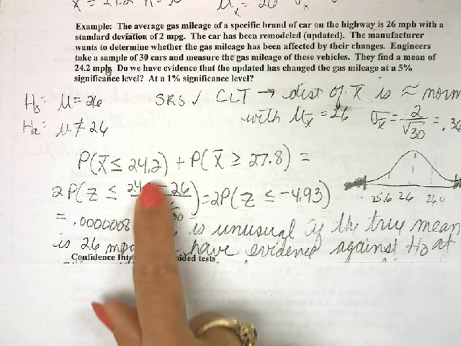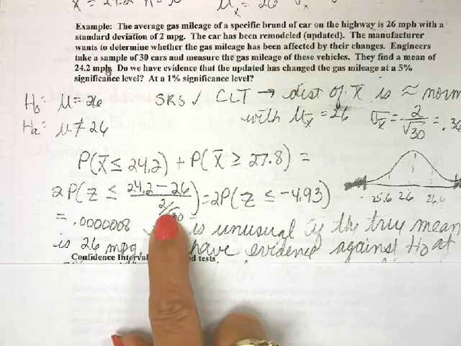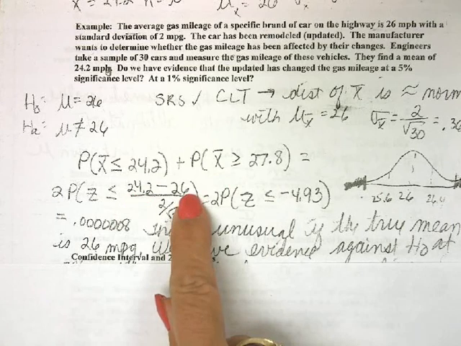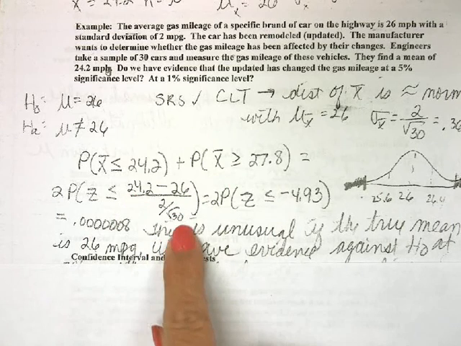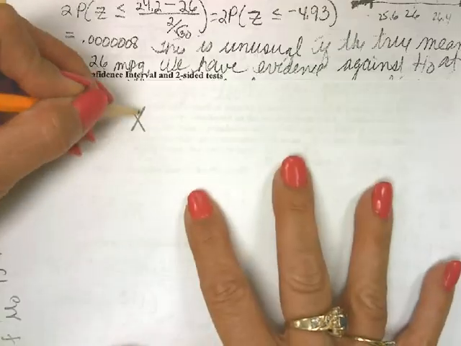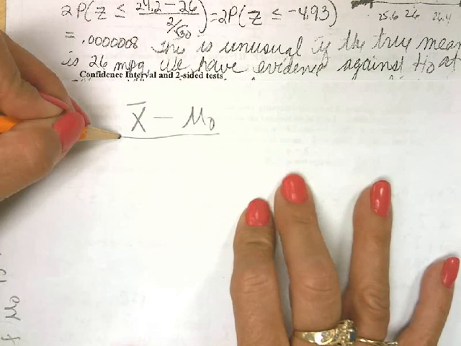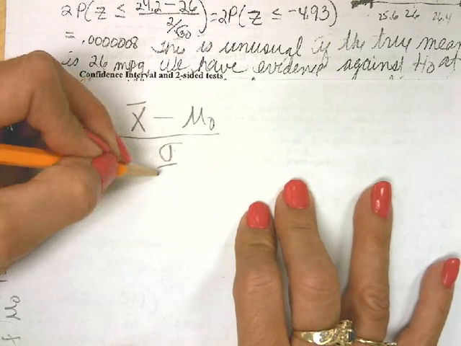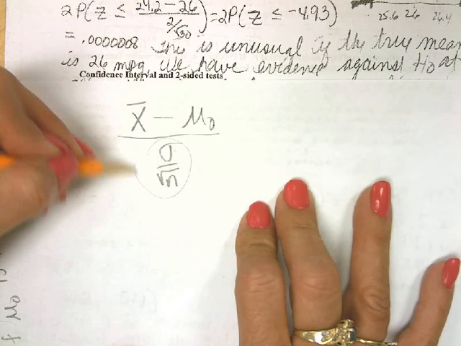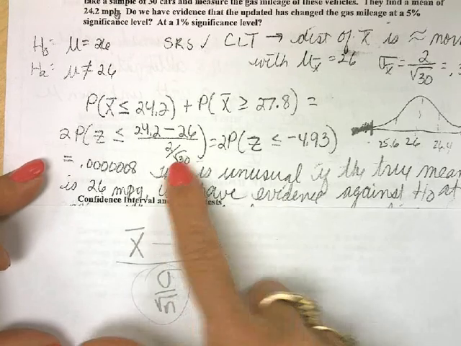Now I need to convert this statement to a test statistic, which I take the number minus the mean I'm assuming divided by the standard deviation of the sampling distribution. And remember, our test statistic is always going to be what we got minus what we're assuming divided by the standard deviation over the square root of n, and this is really the standard deviation of our sampling distribution. And this is coming up with our test statistic.